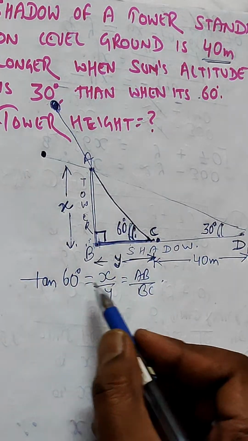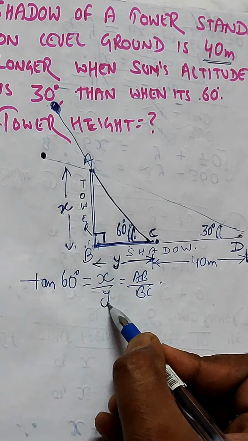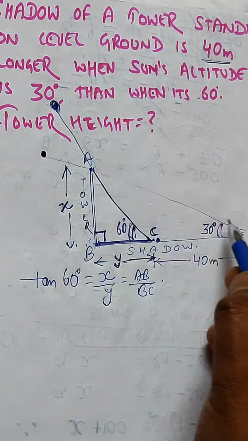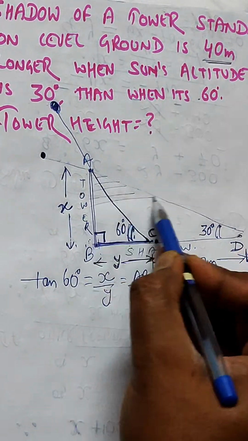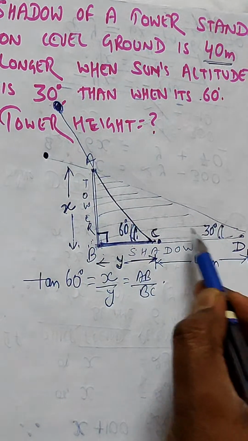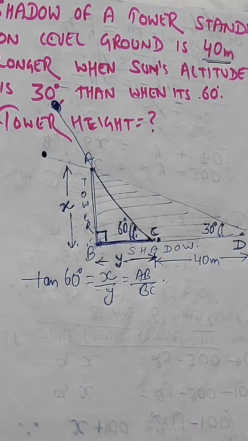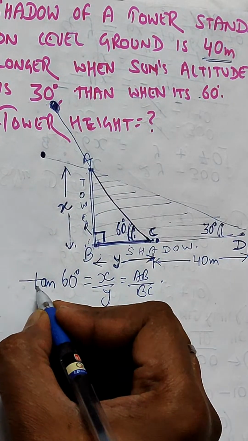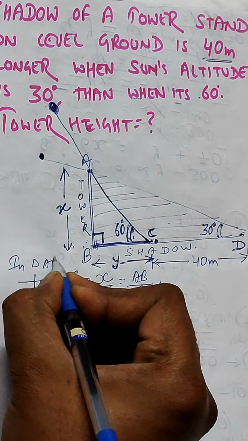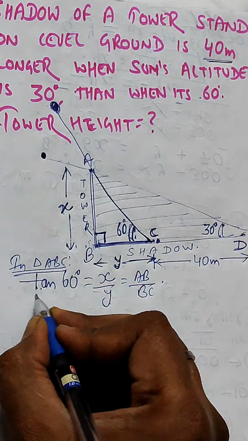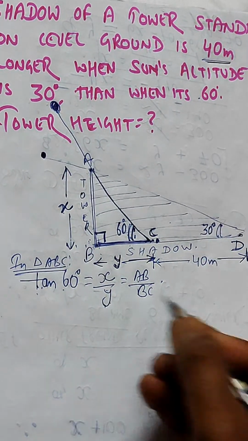So this is one of the relations which we have derived for x and y. In triangle ABC, we find tan 60 degrees equals x by y.